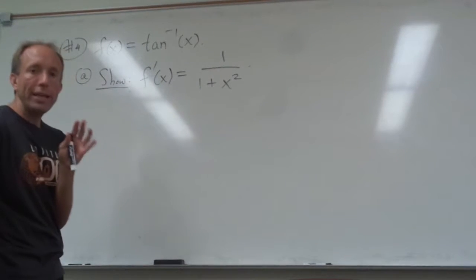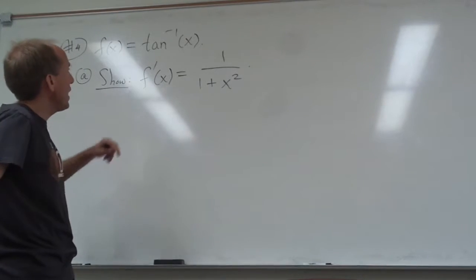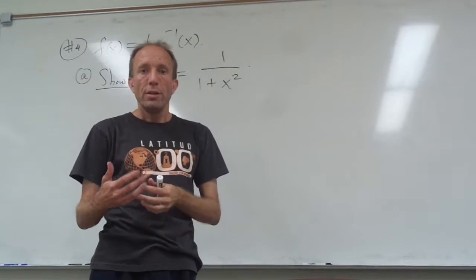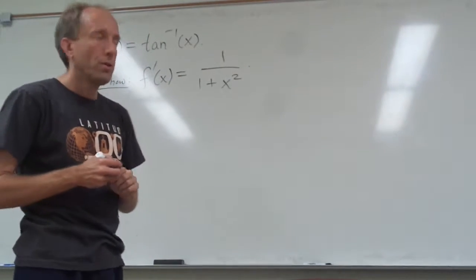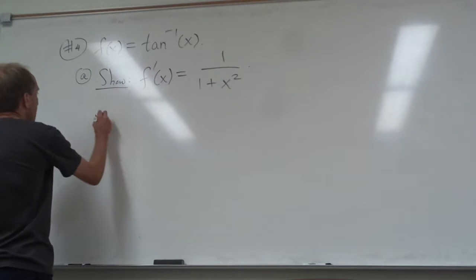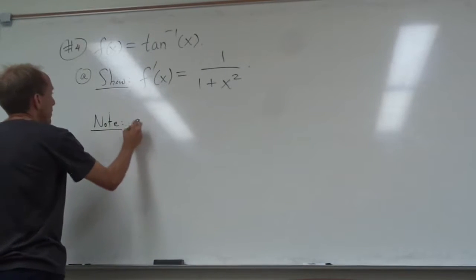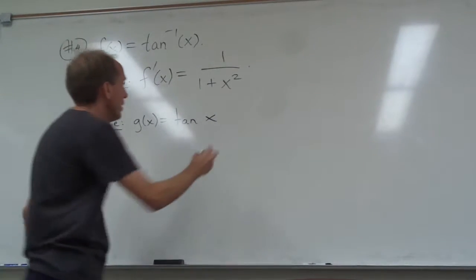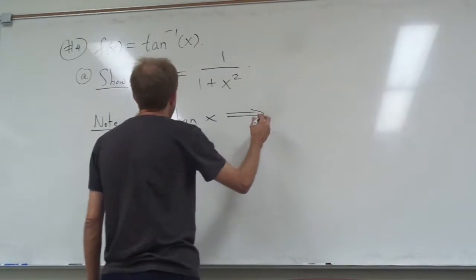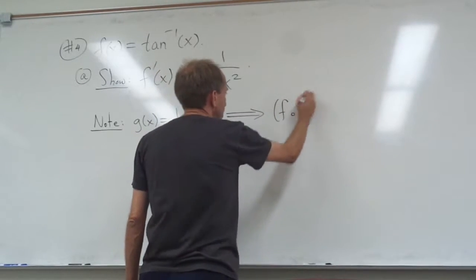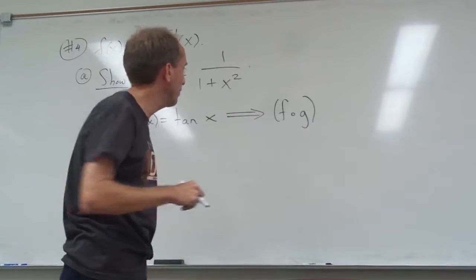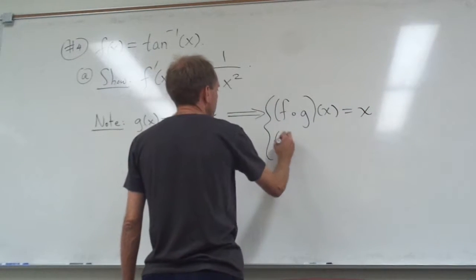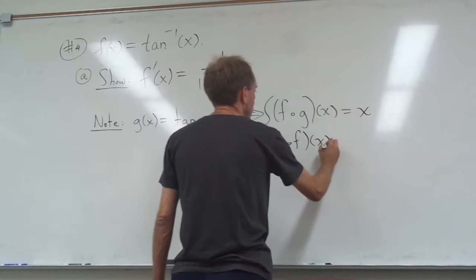The important thing here is to understand that this arctangent function is an inverse to the tangent function. So if I create a function g of x, which is just the tangent function, then what we know is that if I compose f with g of x, I just get x, and it works in both directions.